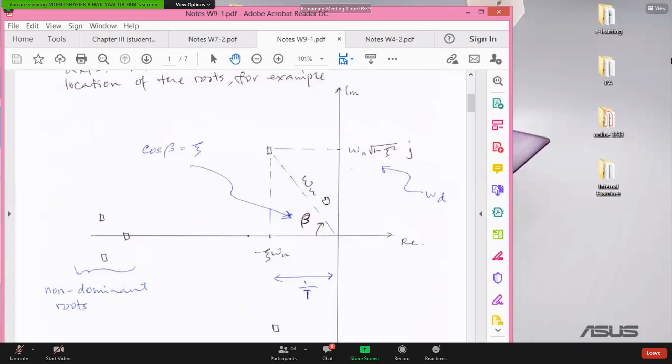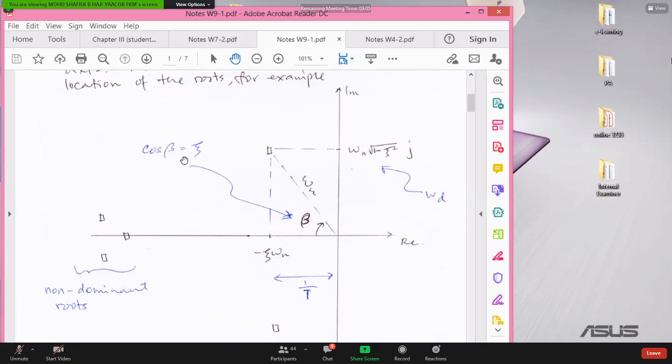See, the closer you are to the imaginary axis, the bigger your time constant. And the bigger the value of your beta here, the smaller the cosine of beta, the smaller the damping ratio becomes.